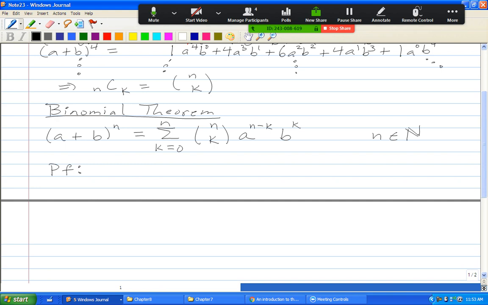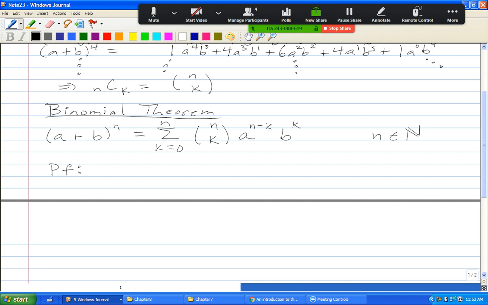So first, I'm going to prove this by induction. I should maybe say something about the notation here.